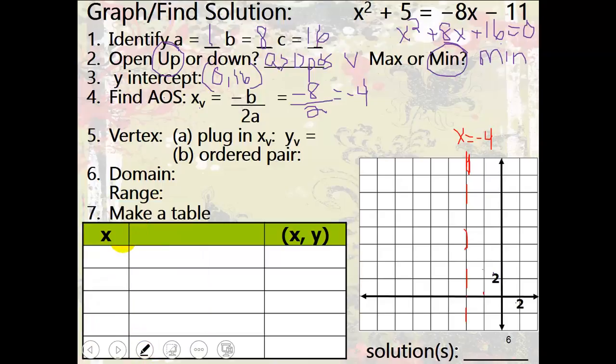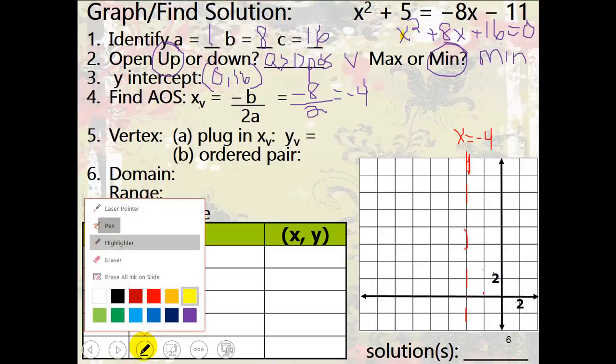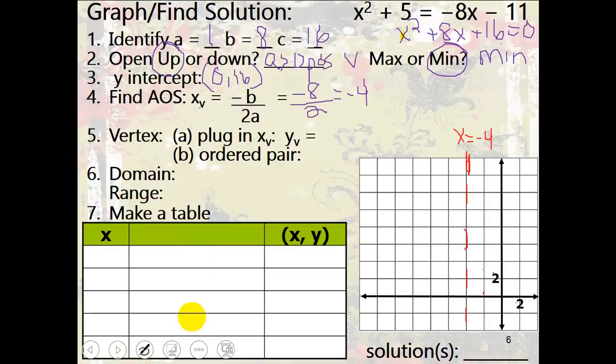And now I'm going to plug that into my equation. I'm going to use this version here. So I have -4 squared plus 8 times -4 plus 16.